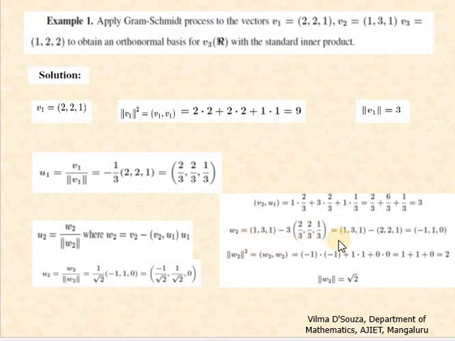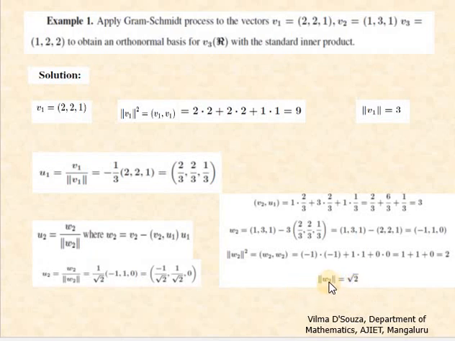So that is 1, 3, 1 minus 2, 2, 1. So 1 minus 2, 3 minus 2, 1 minus 1. So W2 is minus 1, 1, 0.